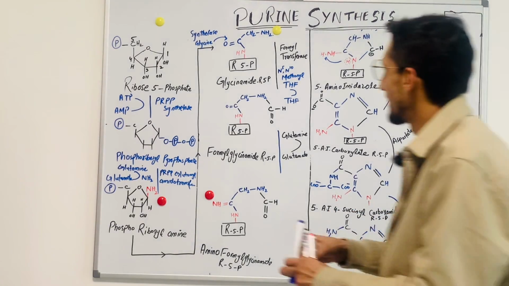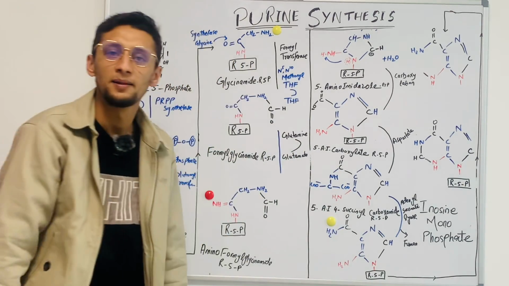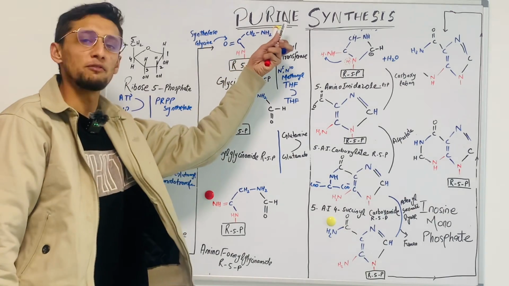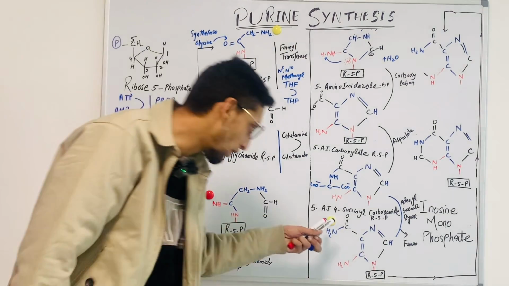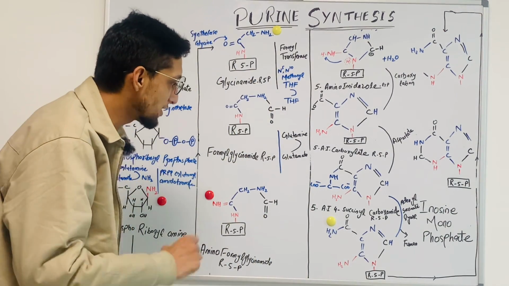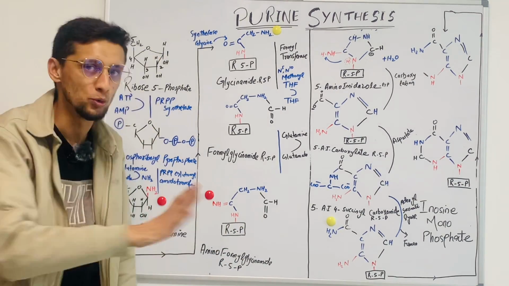Now you can see that the 4 nitrogens in purine are completed. The first one from glutamine, the second one from glycine, the third one also from glutamine, and the fourth one from aspartate. 4 nitrogens are now attached to this portion, and ribose 5-phosphate is intact throughout.